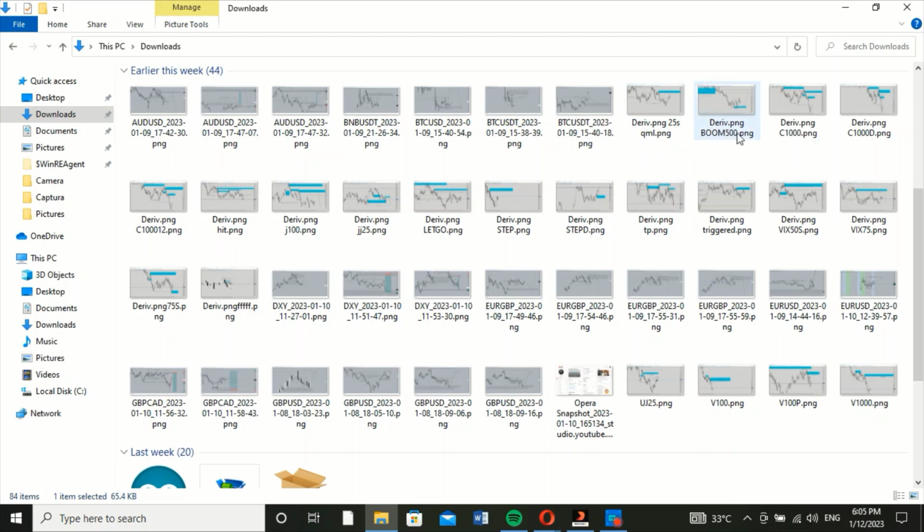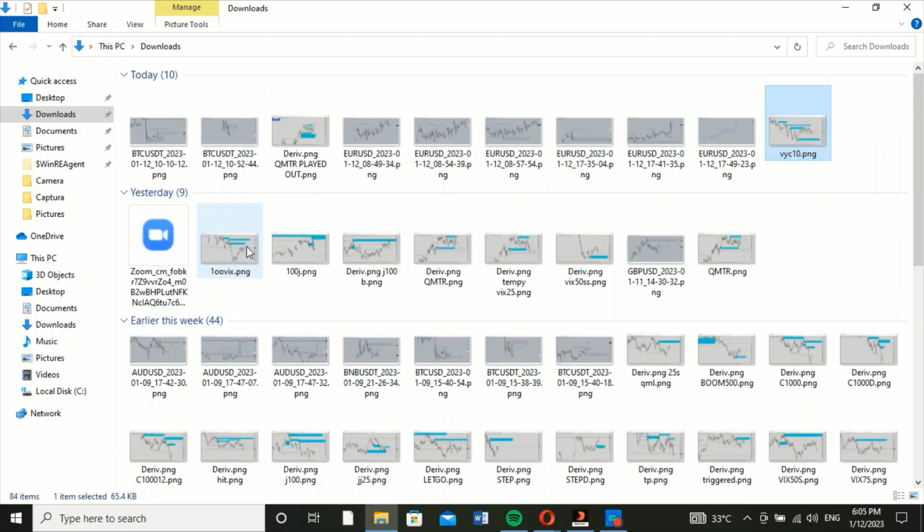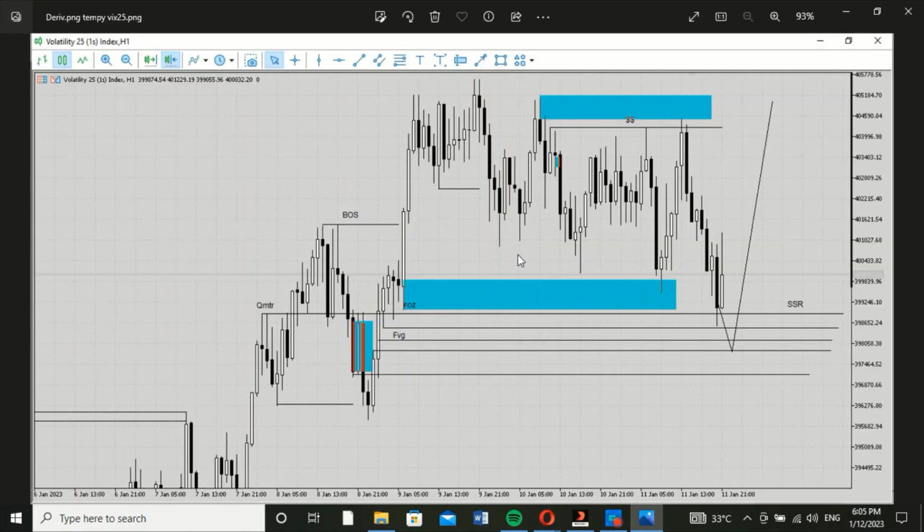We'll find it somewhere here. You gotta have patience. Alright, so I said it's very tempting because I posted it on the group and said vix25 is very tempting to trade on WhatsApp.